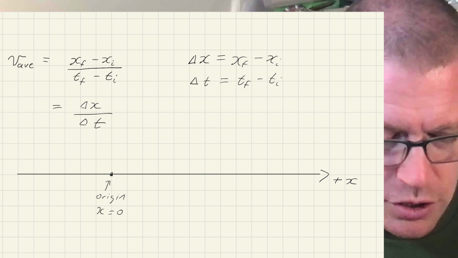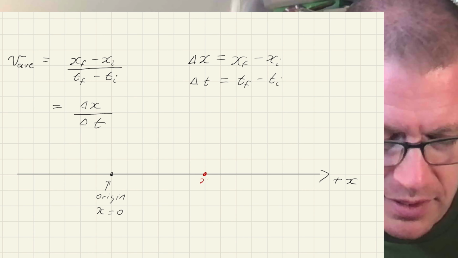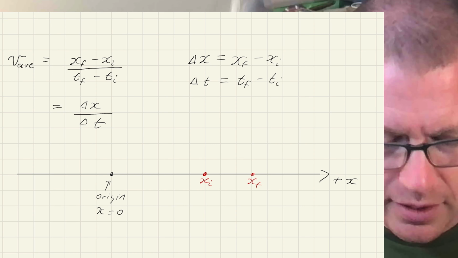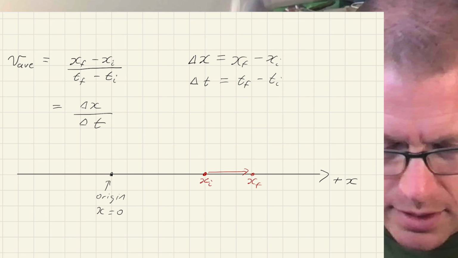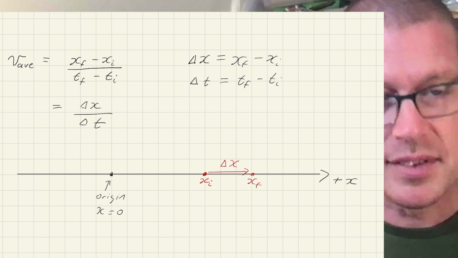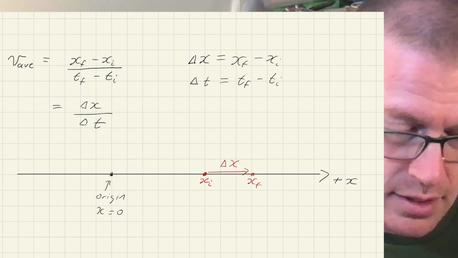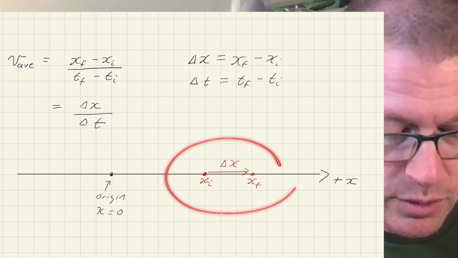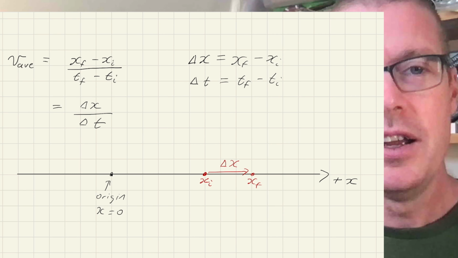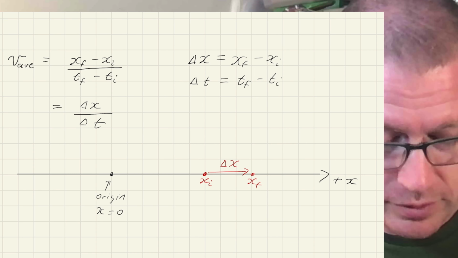If I take 2 points, say xi is here, xf is there, and then delta x is the change, this is a case where xi, xf, and delta x are all positive.